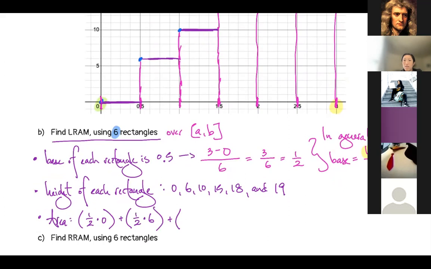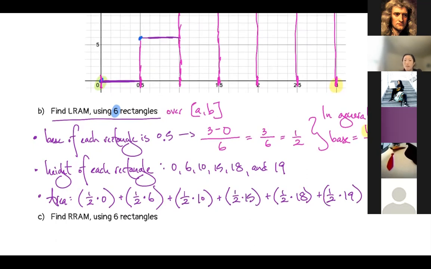How would I write the area of the third rectangle? One half times 10, good. So 1/2 times 10 plus 1/2 times 15 plus 1/2 times 18 plus 1/2 times 19, but we don't include the 20 because that's not on the left-hand side. That is on the right-hand side, okay?